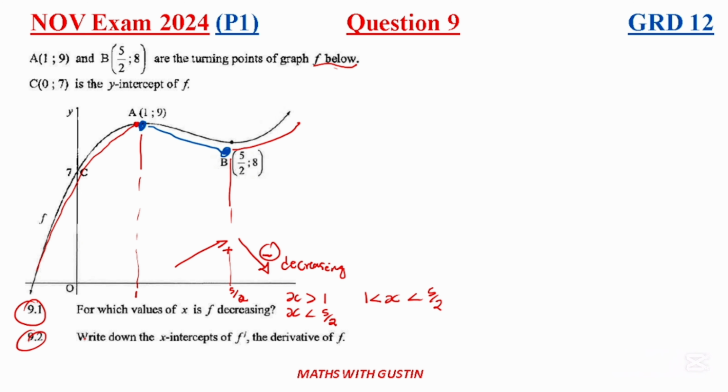Right, 9.2 says, write down the x-intercepts for f prime of x, the derivative of f. Now what do they want? They want us to write the x-intercept values of the derivative.